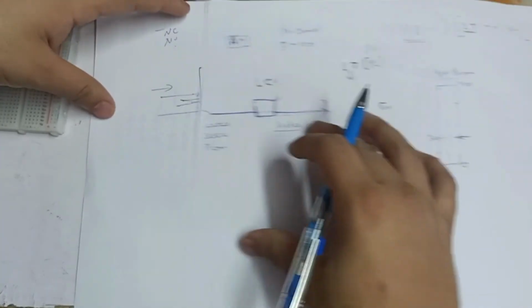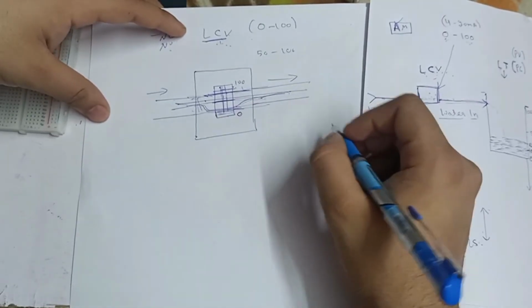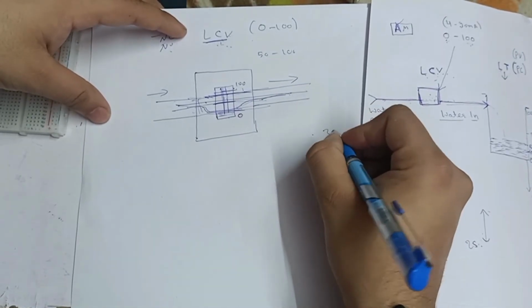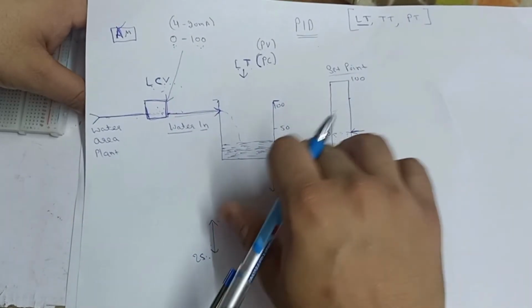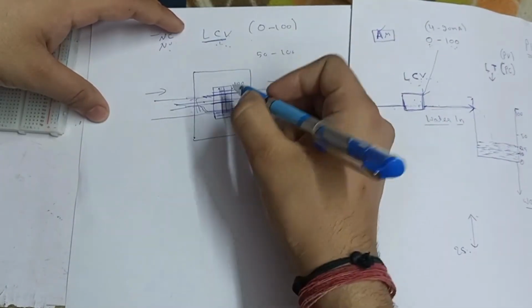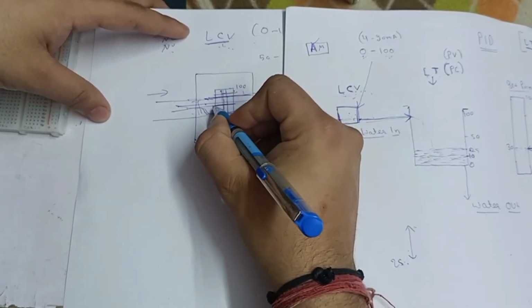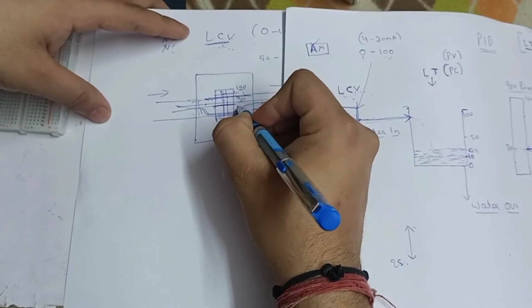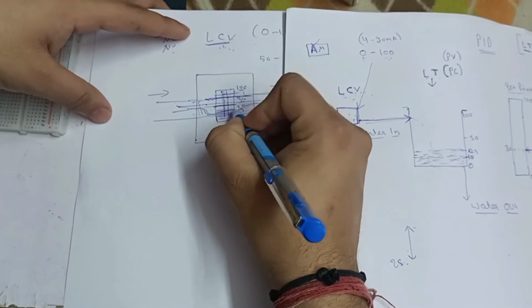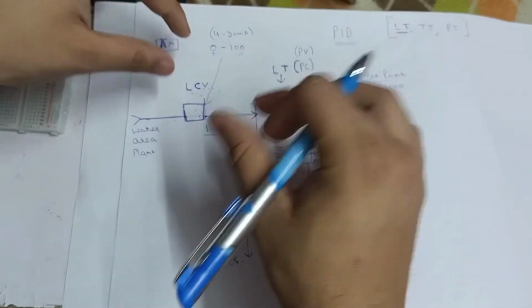Automatically it always tries to close, meaning in the starting it is fully open, and when the tank liquid is approximately nearby the set point, at that time your valve, we can say LCV, tries to close. Now it is 100% open, then it goes to 50, then 40, then 30, so approximately 10 to 20% open.